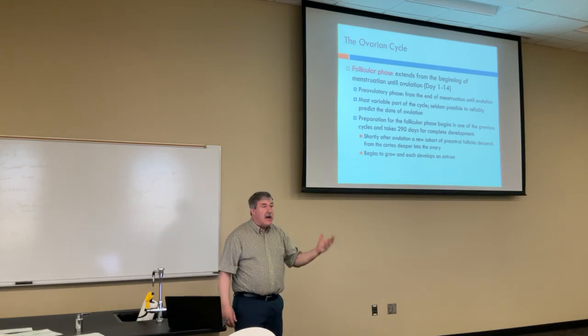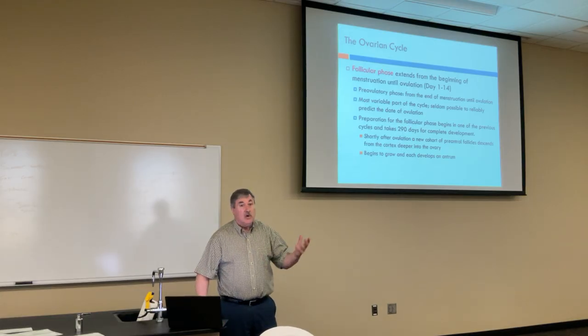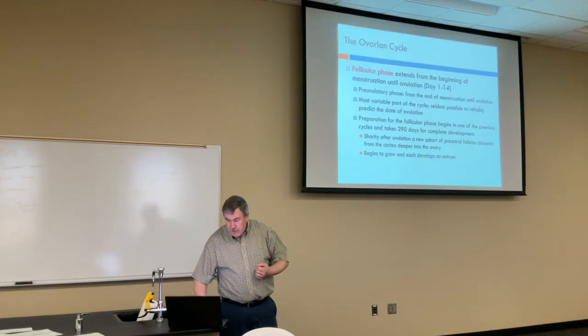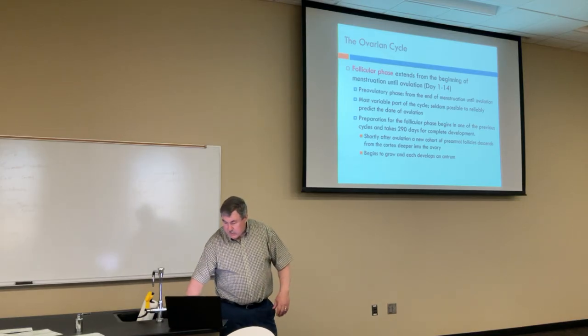So in the first couple of cycles, it's usually not possible for pregnancy to occur, most of the time. So shortly after ovulation, a new cohort of preantral follicles descends from the cortex deep into the ovary, and they begin to grow, and eventually they develop an antrum.